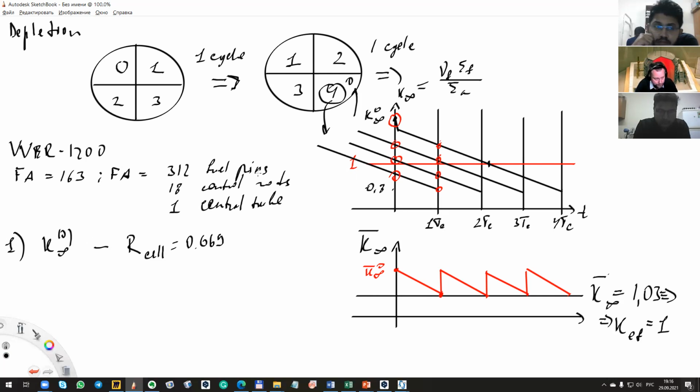This one. Okay. Number 2, you get this curve. Actually, it's how to get this curve.